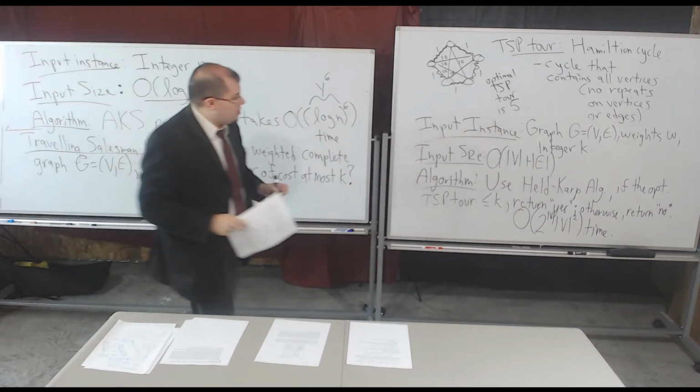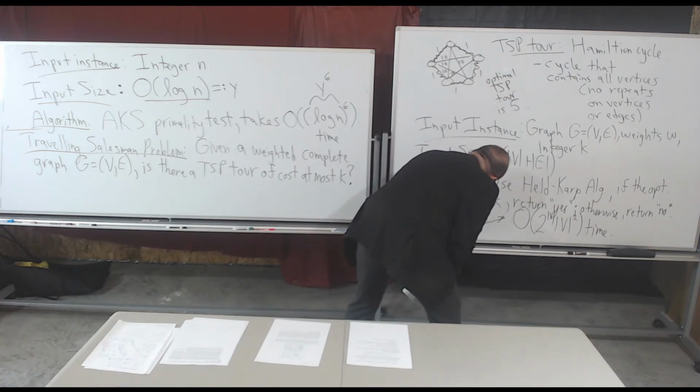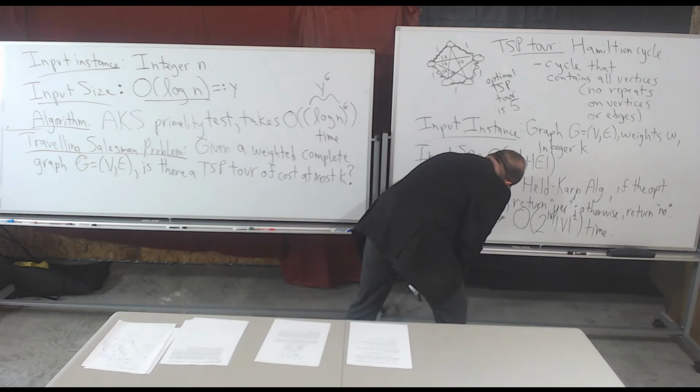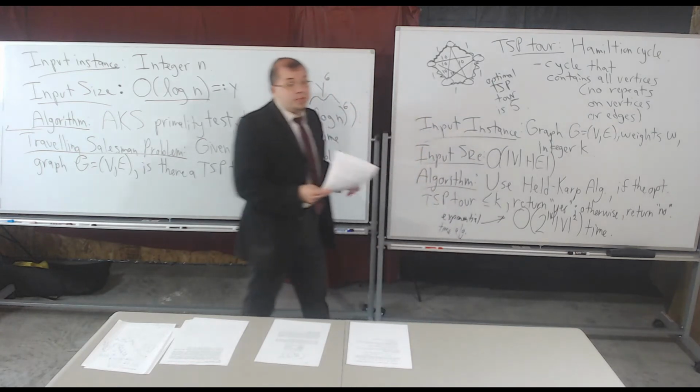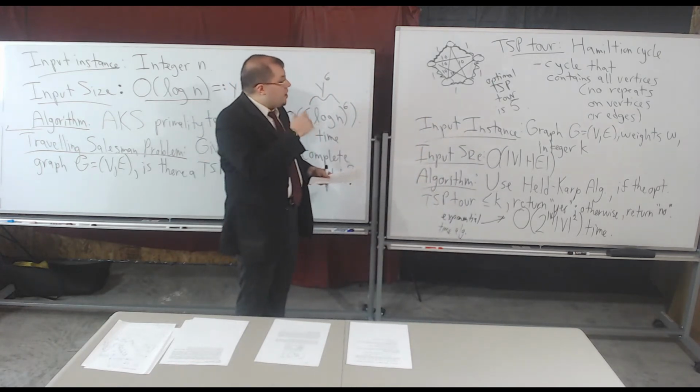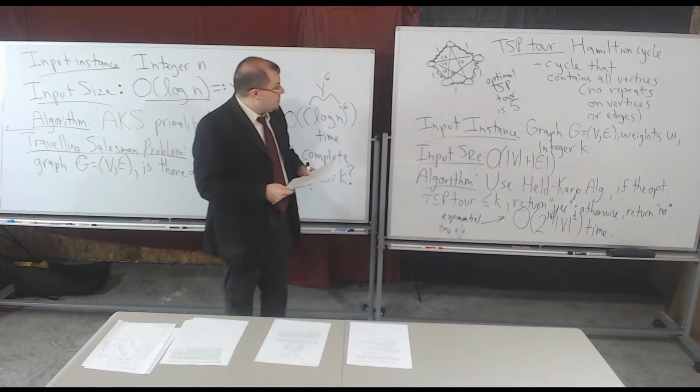Apologize for my writing. This is what we would call an exponential time algorithm, ones for which there's the form at least of 2 to the power of n, where n is part of the input.